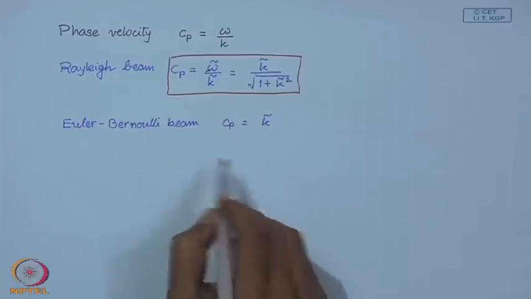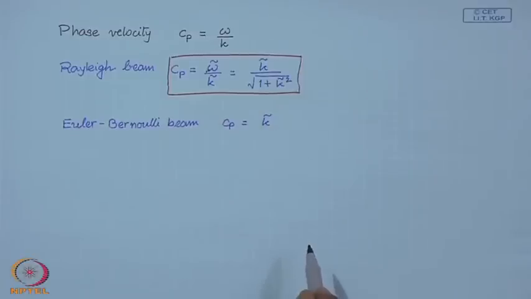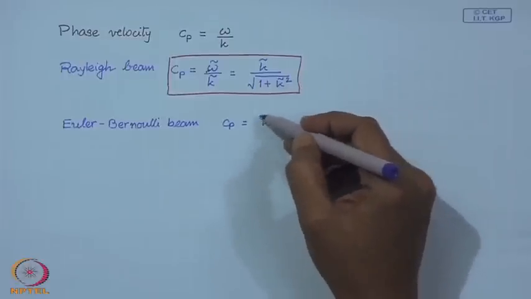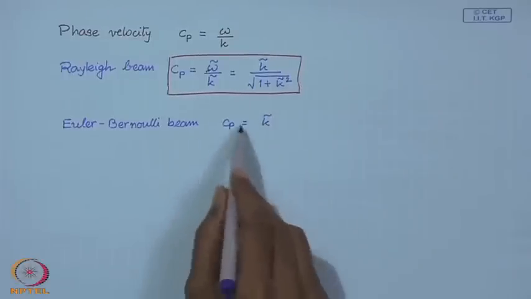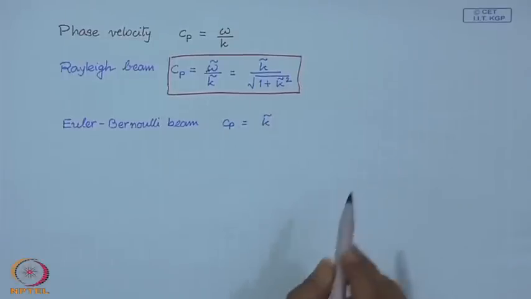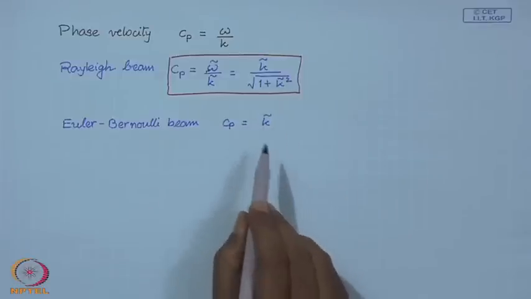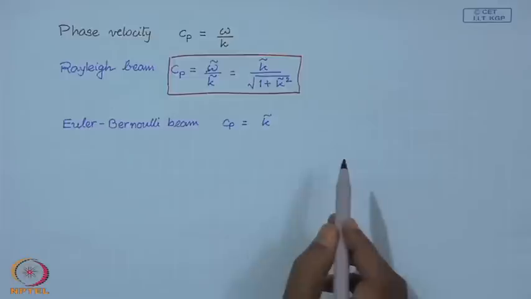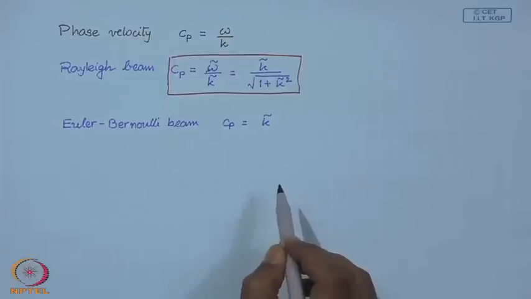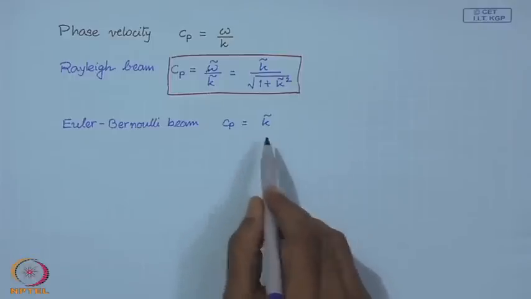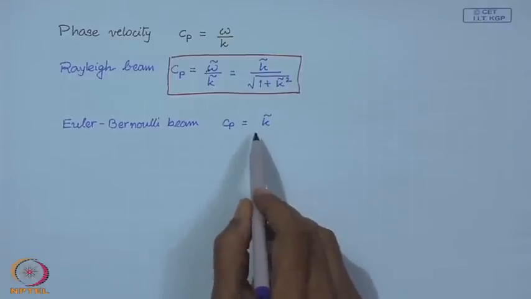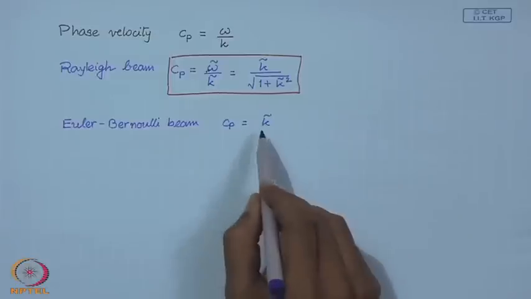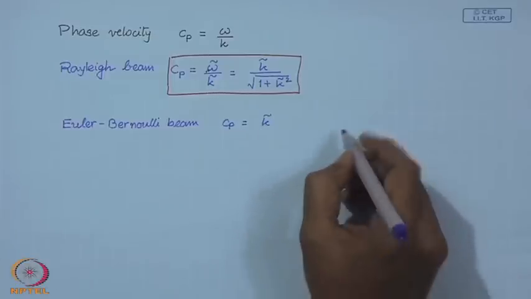So, this indicates that as k increases, the phase speed in an Euler-Bernoulli beam increases linearly with the wave number. So, waves with higher wave number, which means shorter wavelengths, will propagate at higher speeds in an Euler-Bernoulli beam, and as k tends to infinity, Cp tends to infinity.